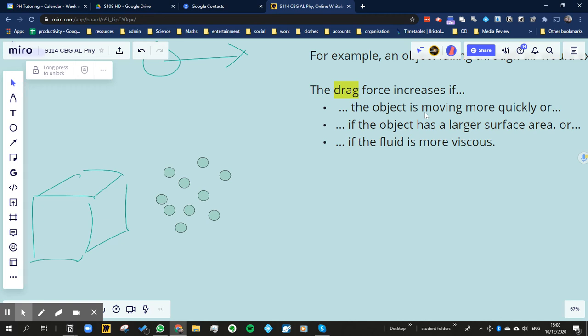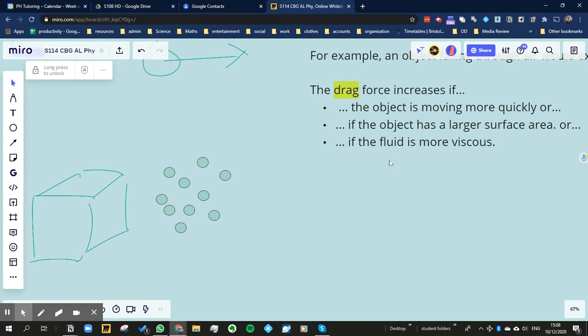So they have to move more air particles out of the way and they're hitting them more quickly, so they're going to feel a larger force. If it's a larger surface area, again, they're hitting more particles. And if the fluid is more viscous, there's again more particles there, or the particles are harder to move out of the way. So again, there's going to be a larger force for those reasons.